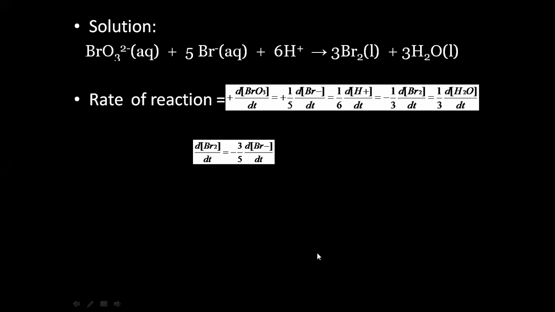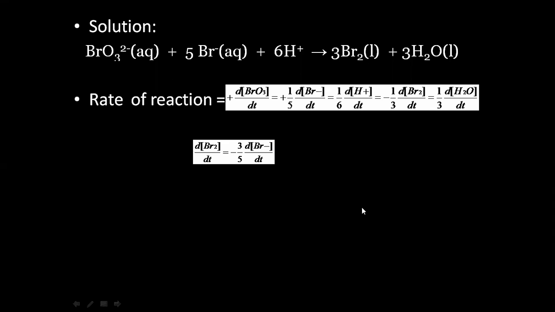So that is what we mean by the rate of a chemical reaction. Whenever we say rate of a chemical reaction, what we understand is the change in concentration of reactant or product per unit time. It can be expressed in two ways: average rate of a reaction and instantaneous rate of a reaction. Average rate is the change of concentration in a specified interval of time, whereas instantaneous rate is the change in concentration of reactant or product at a particular instant of time.